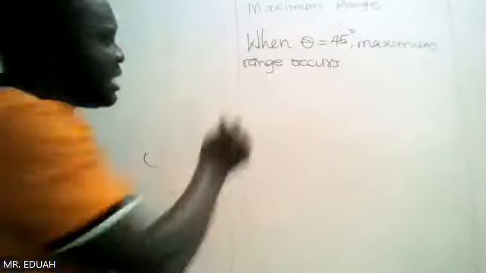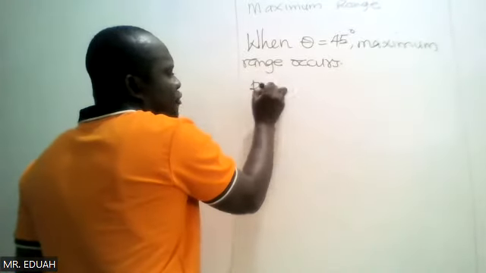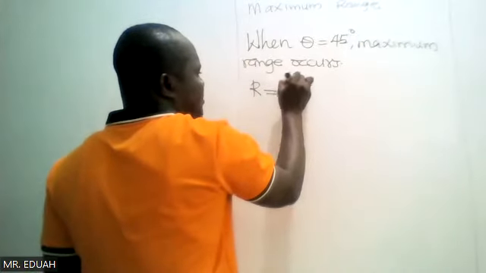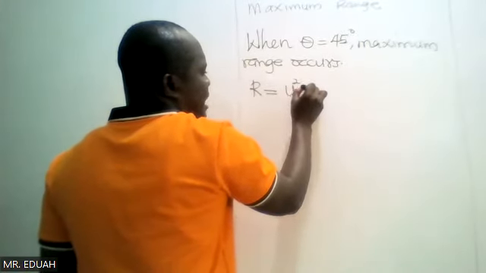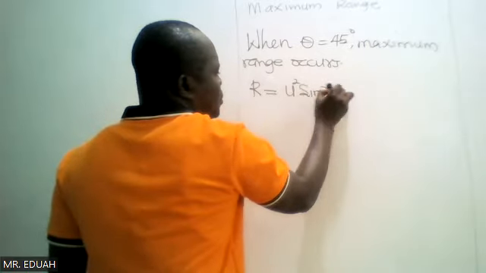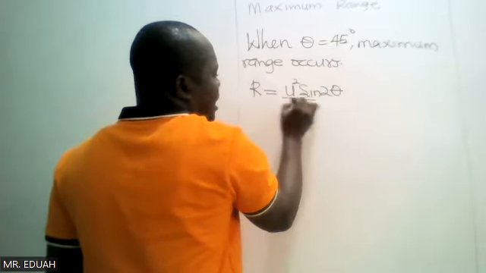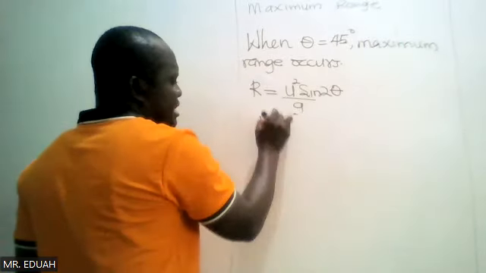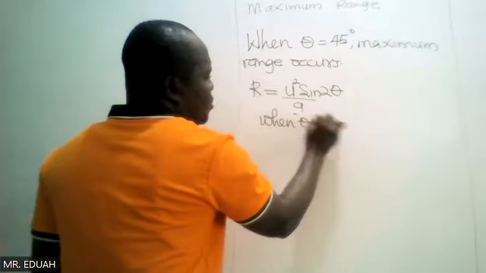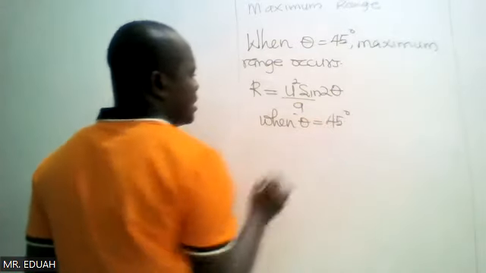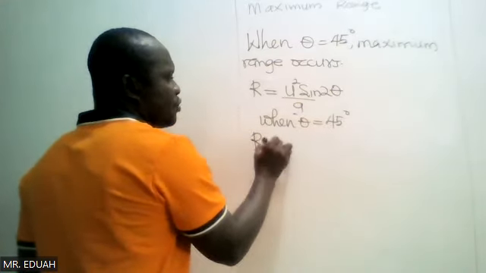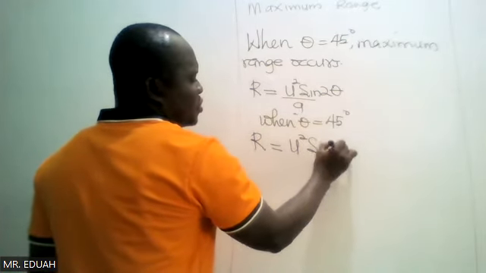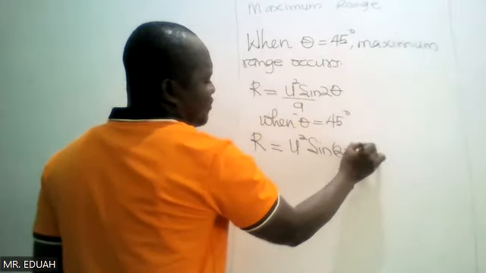Now let's look at the expression we got for the range. Yesterday we saw that range is equal to u squared times sine 2 theta over gravity. Now when theta is equal to 45 degrees, R would be equal to u squared sine of 2 times 45.